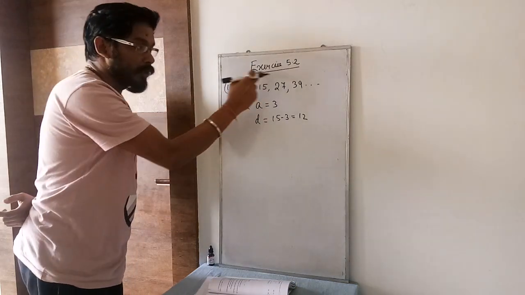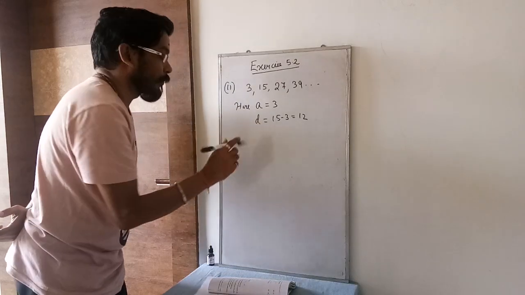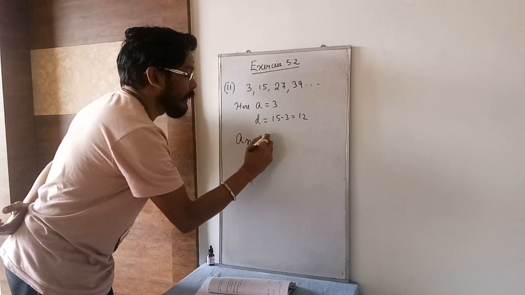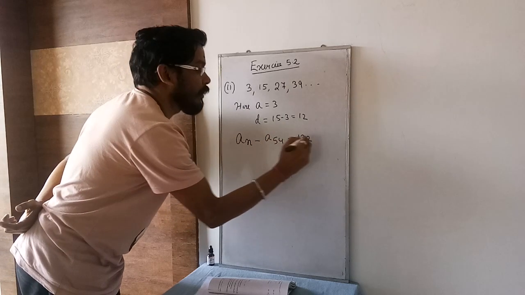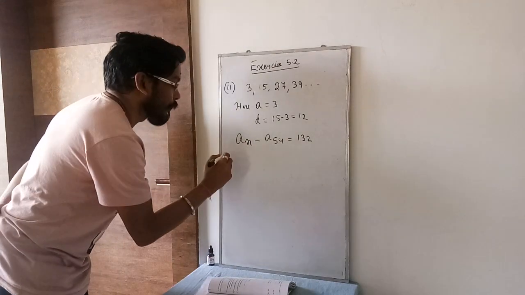I have to find which term of this AP is 132 more than its 54th term. So let me write a_n minus a_54 equal to 132. That means the difference between the term and the 54th term is 132.